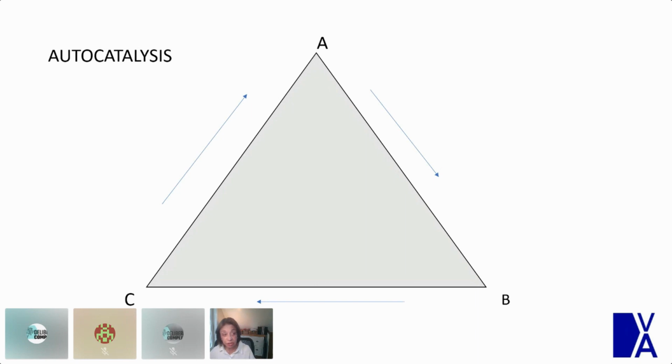And that in turn, C closes the loop, if you will, and accelerates and makes more likely the production of A. What you have here is a visual illustration of a non-linear process that self-reinforces. It becomes self-sustaining.